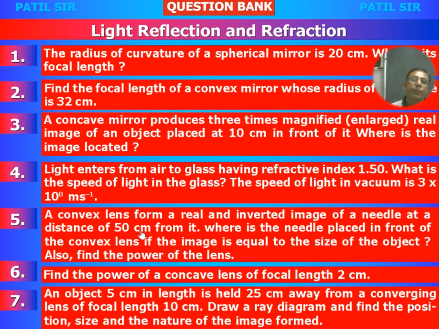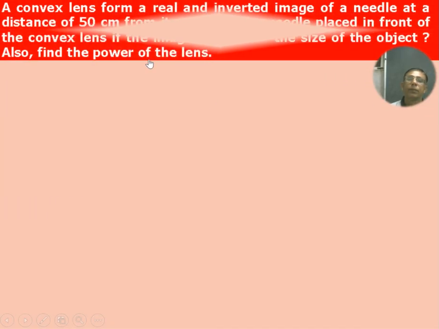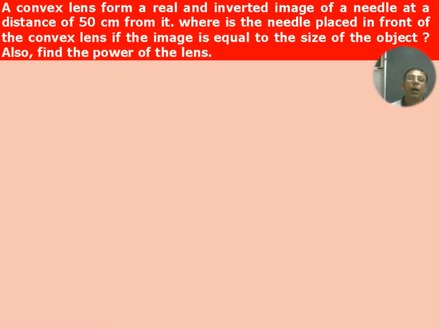Next question. A convex lens forms a real and inverted image of a needle at a distance of 50 cm from it. Where is the needle placed in front of the convex lens?